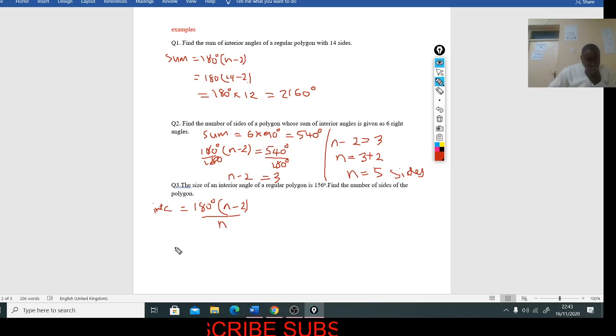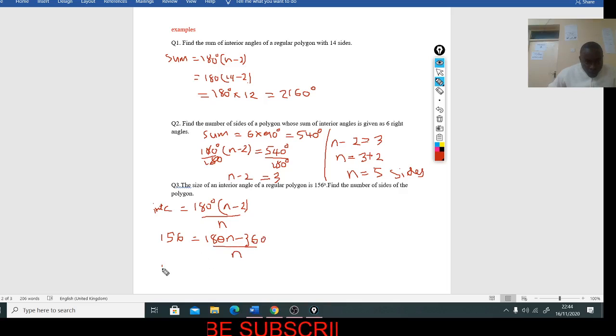So we can say each interior angle is 156. So 156 equals 180 into brackets n minus 2, which opens to 180n minus 360 degrees, all over n. I multiply both sides by n.